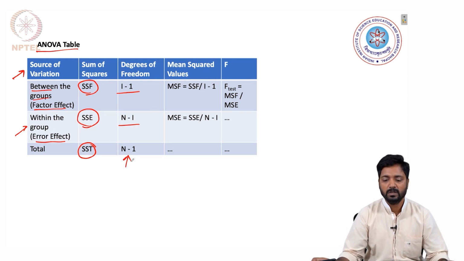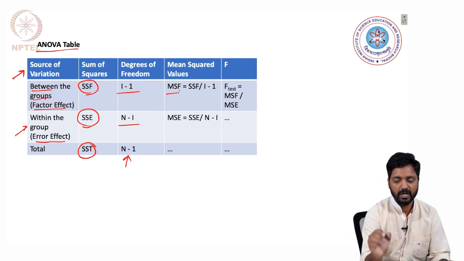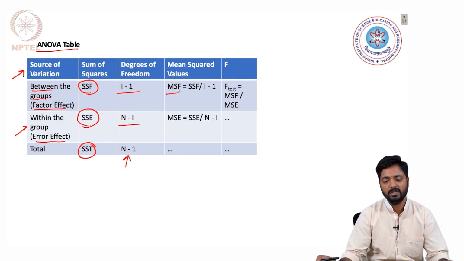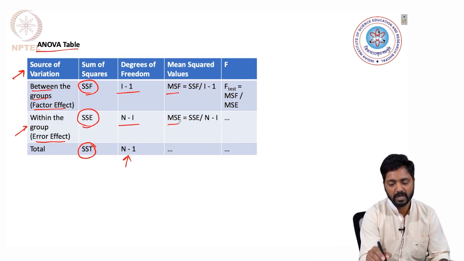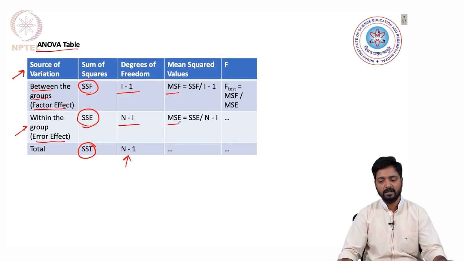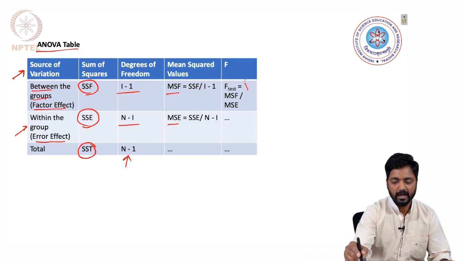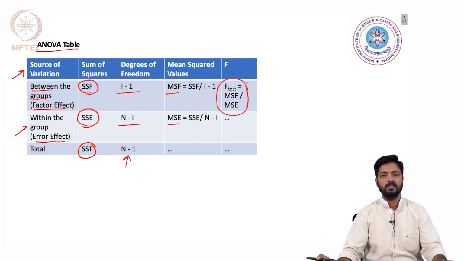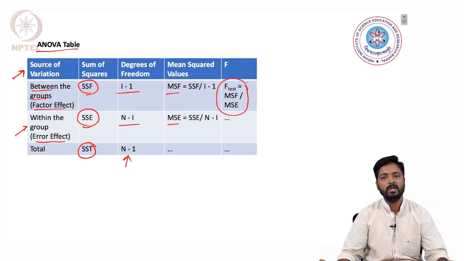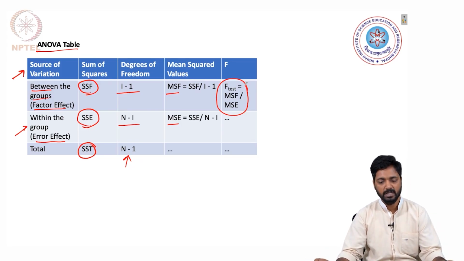So, based on these, we can calculate the MSF value, the mean square factor value, as well as the mean square error value, and we calculate the F test value as a ratio of the MSF by MSE.